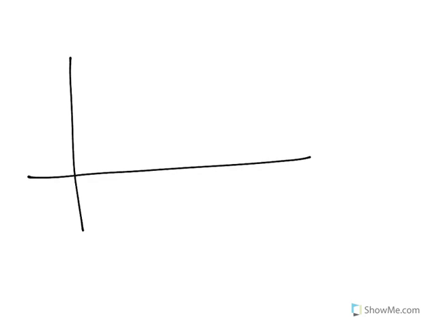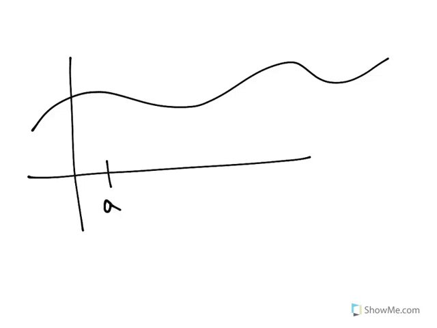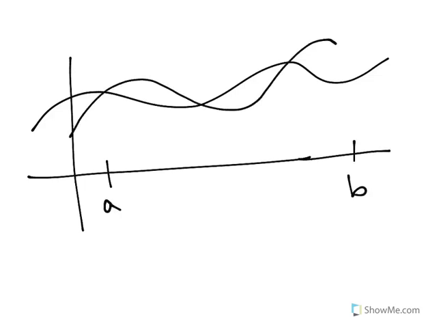Okay, you could actually have it where they cross more than once. If you look at some different sine and cosine curves, you could have a function where you have something like this, and going from a up to b, maybe they cross a few different times in here. And so maybe they cross right at a there, they cross here again, they cross here again, and then stop at b right there. So all the way from a to b, that's what you're talking about.